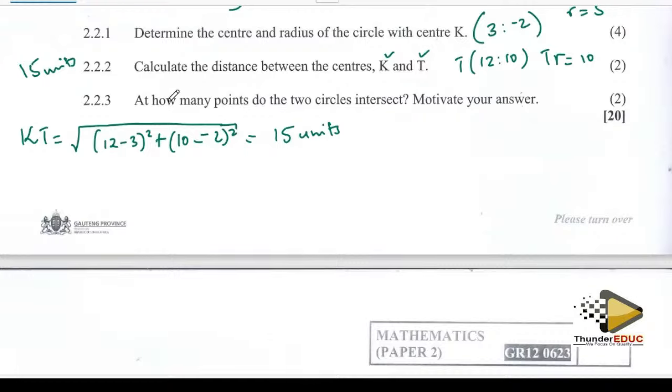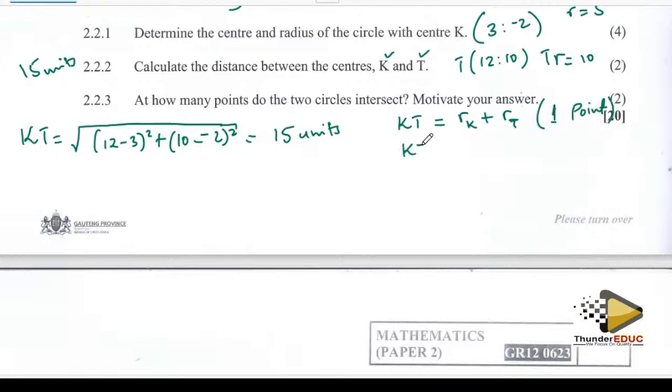Now, they're asking us at how many points do the two circles intersect? So guys, remember, if you have two circles K and T, if we get the distance KT, and this distance is equal to the radius of K plus the radius of T, then they are just touching at one point.